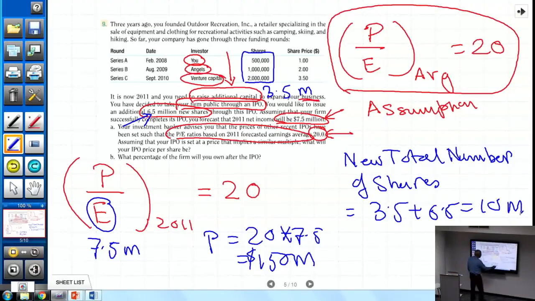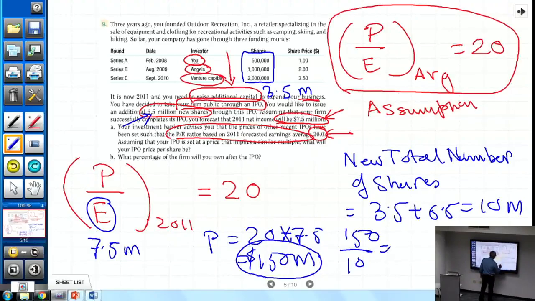So 150 million, the value of your equity, divided by 10 million shares outstanding. The new share price is going to be $15. So this is our new P.